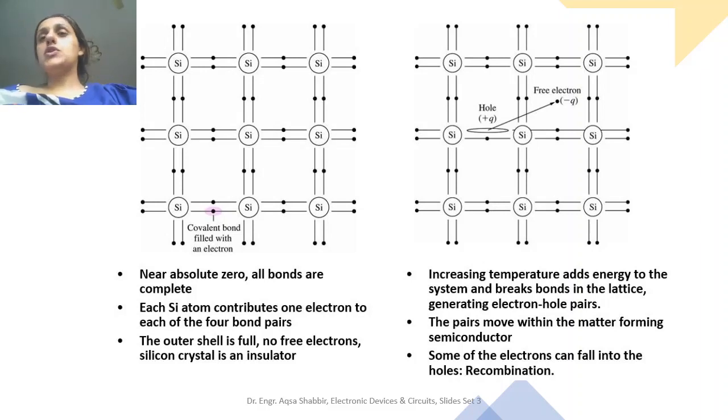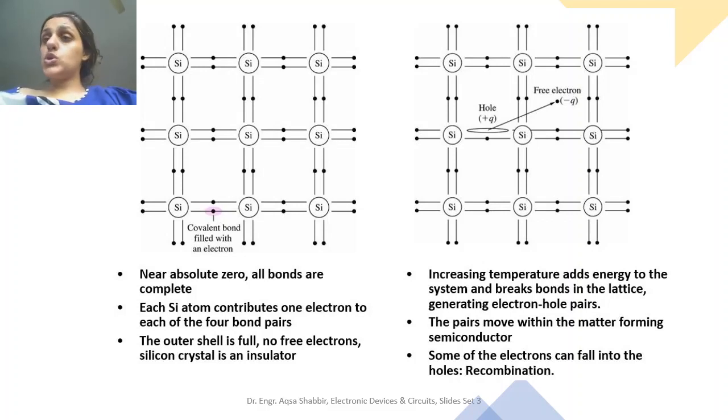Over here on the right, the generation of an electron-hole pair is illustrated. As the temperature of the system is increased, certain valence electrons gain enough energy to break free from the system, and as they break free from their place in the valence band, in their place a hole is created.